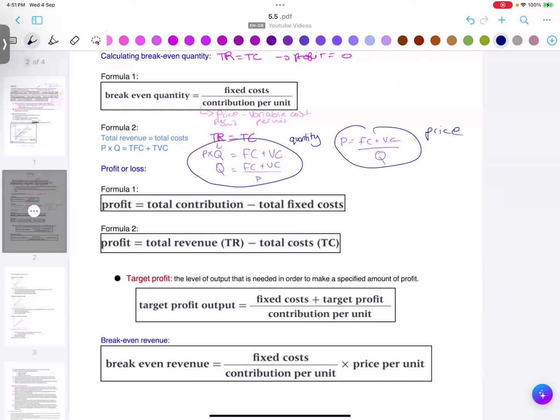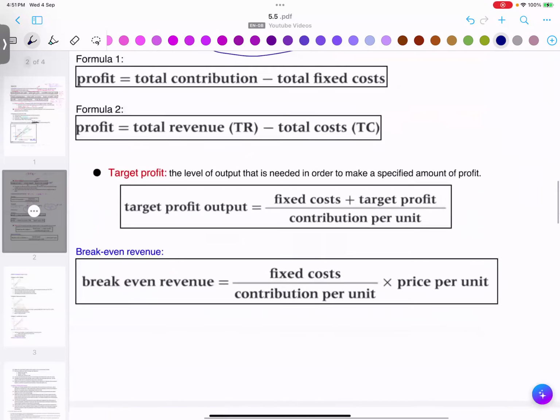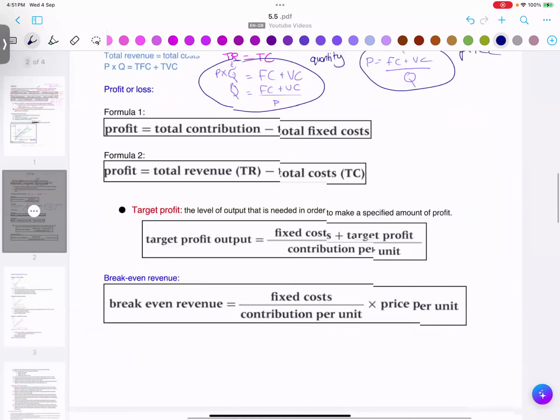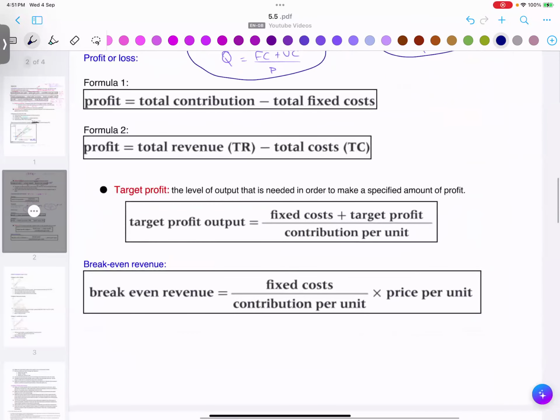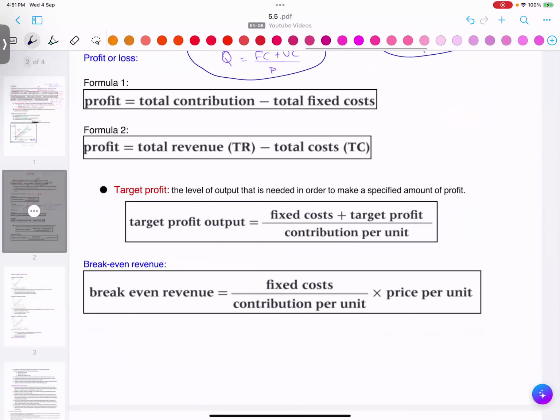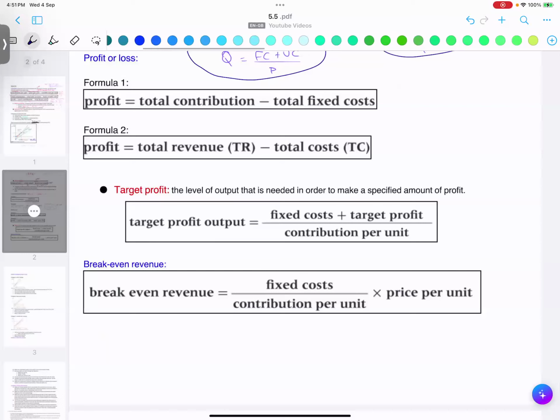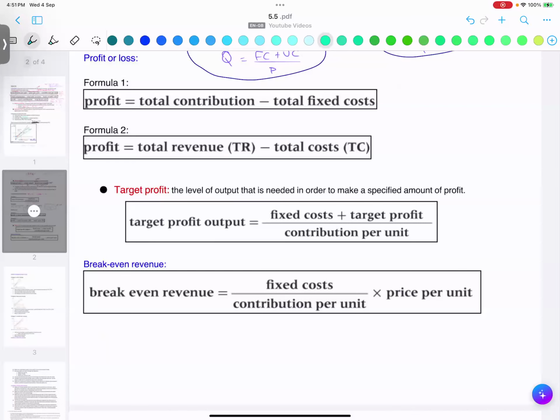I basically use this formula. Then you have profit, okay? So now you need to calculate profit. I wrote profit or loss just because sometimes you can have a loss. Profit isn't always positive, and when profit is negative, then you have loss. So profit is either the formula we already went over, which is total contribution minus total fixed cost.